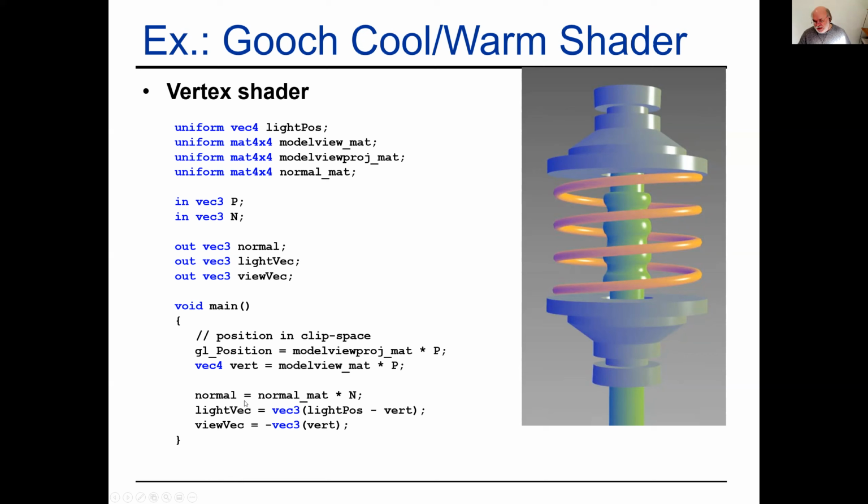Then we compute the light vector as the difference between the position of the light source and the position of the vertex in camera coordinates. And the view vector is obviously the position of the vertex, because in those camera coordinates the camera is at the origin.